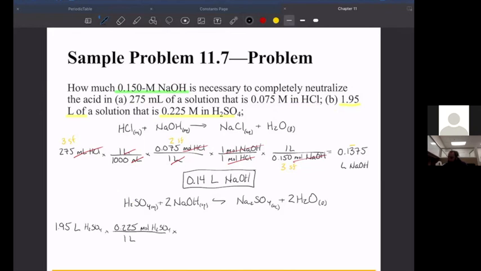And now I can use my balanced chemical equation to jump from moles H2SO4 to moles NaOH, where 1 mole of H2SO4 will react with 2 moles of NaOH. If I stop there, I'd have how many moles of sodium hydroxide I need. But what I really want is the volume of that solution of sodium hydroxide. So then I'm going to jump from moles of sodium hydroxide to liters using that concentration.